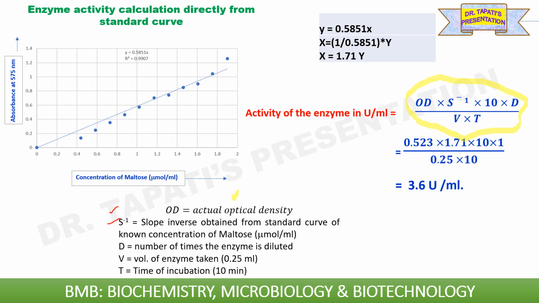Here we got slope inverse 1.71, because from this equation you can see that the m value or slope is 0.5851. So the slope inverse is 1 by 0.5851, that is equal to 1.71.